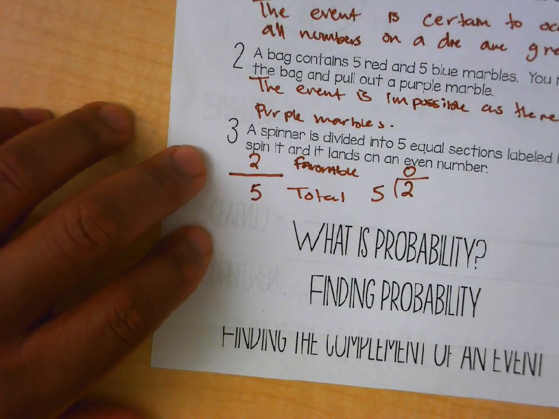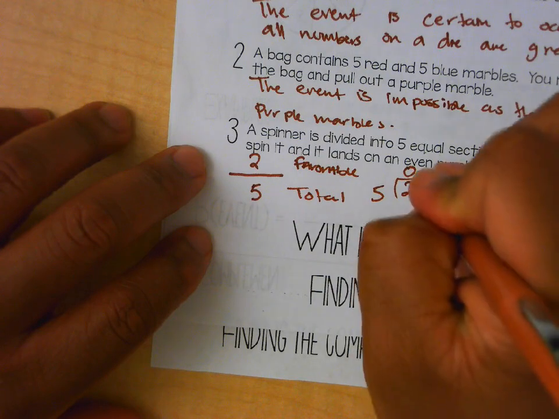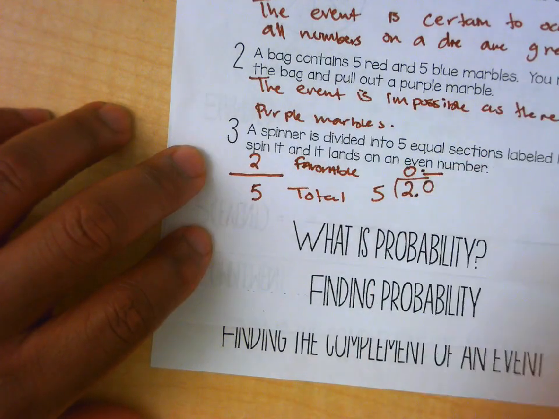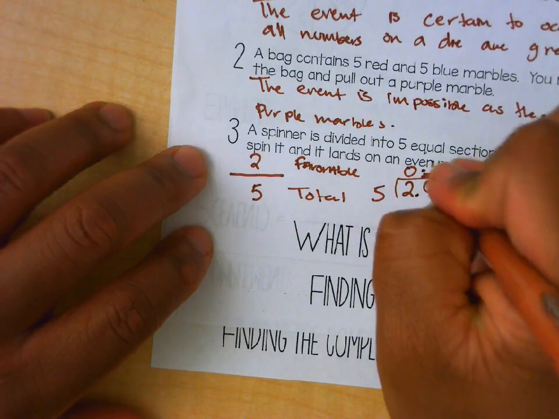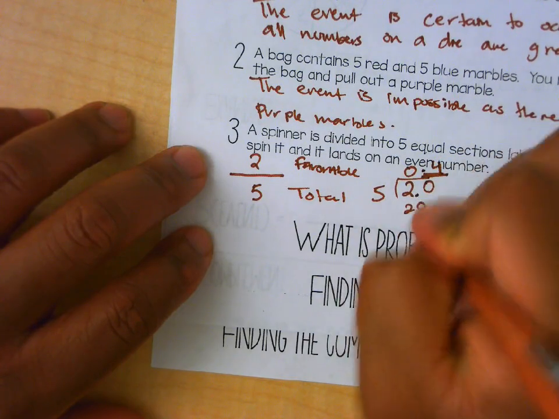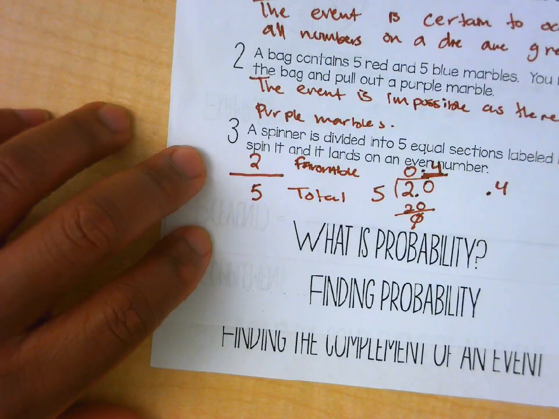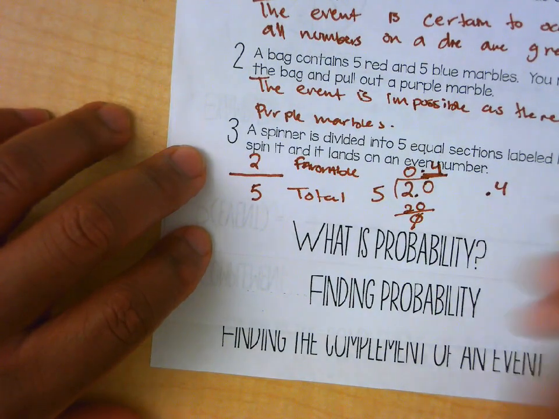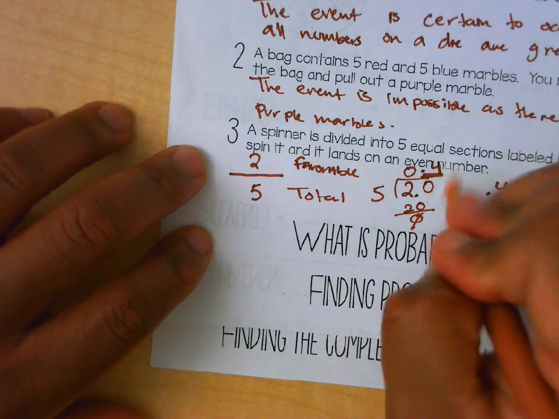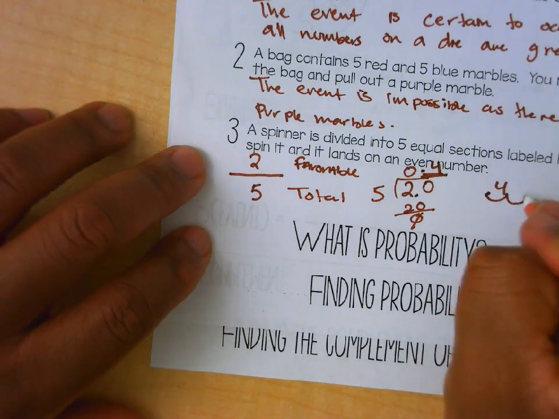What do I do here? Decimal, and then another 0. 5 goes into 20. 4 times 5 is 20. So it is 0.4. What is that as a percentage? In order to turn a decimal into a percentage, I move the decimal to the right twice. So it's 40%.